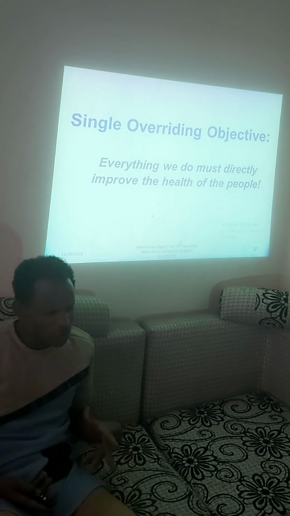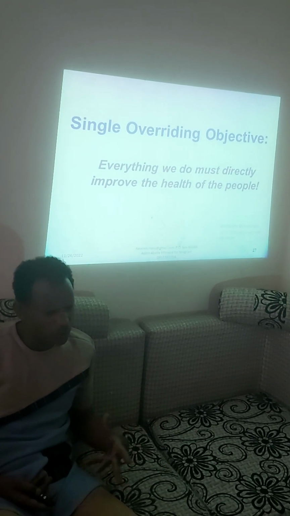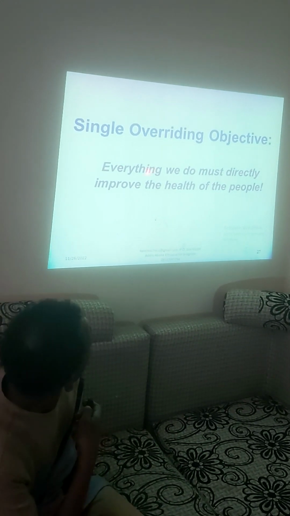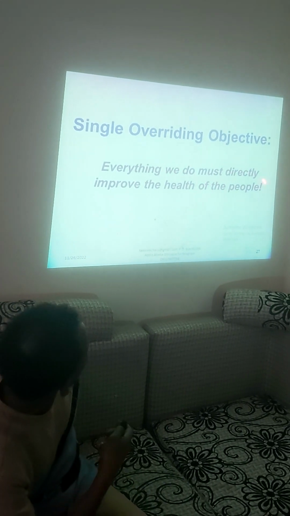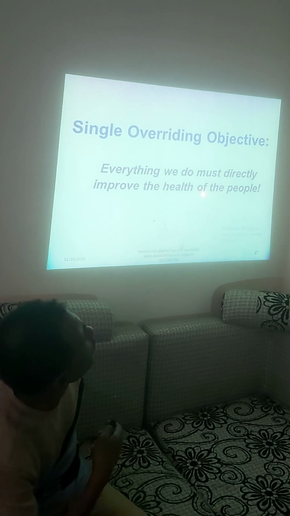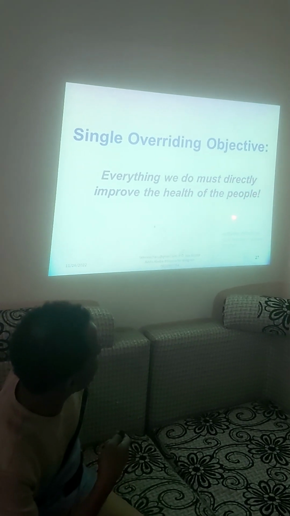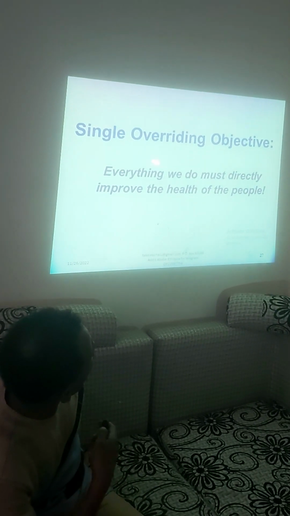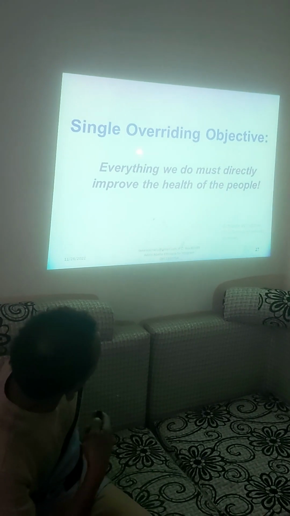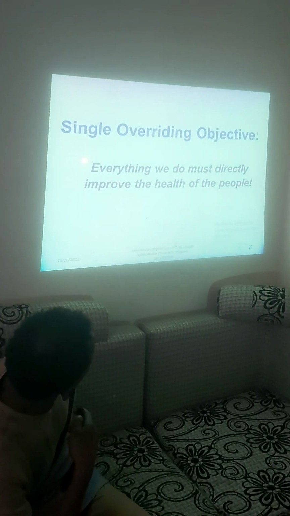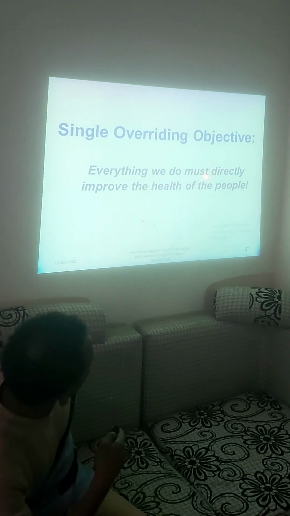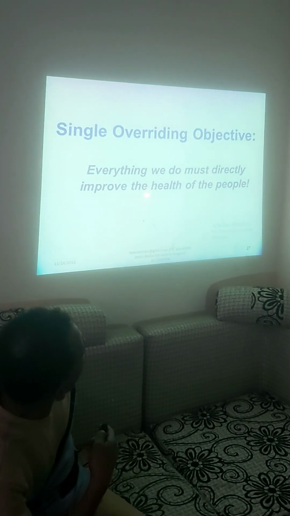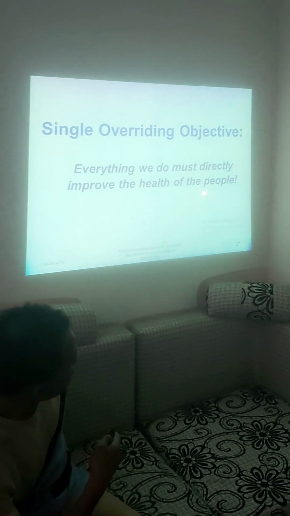In general, the single overview objective of epidemiology is, as known: everything we do must directly improve the health of the people. This acts as a motto, which means everything we do must directly improve the health of the population.